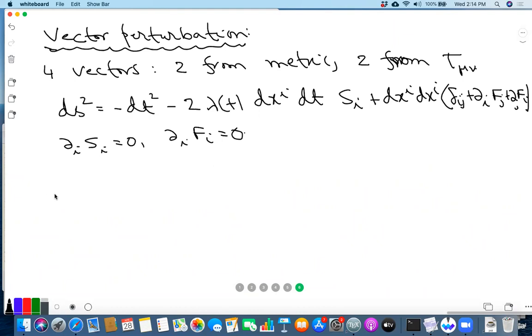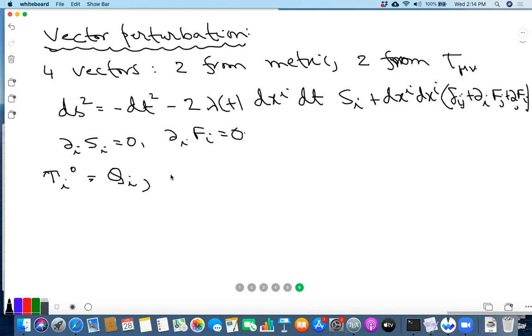And from the energy momentum tensor, also we had 2. Ti0 had a q tilde i, which you decompose into a scalar, that is del i q tilde, plus capital Qi. I only write down the vector part.